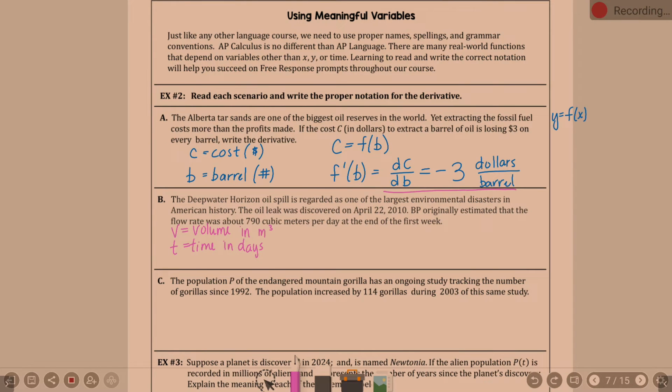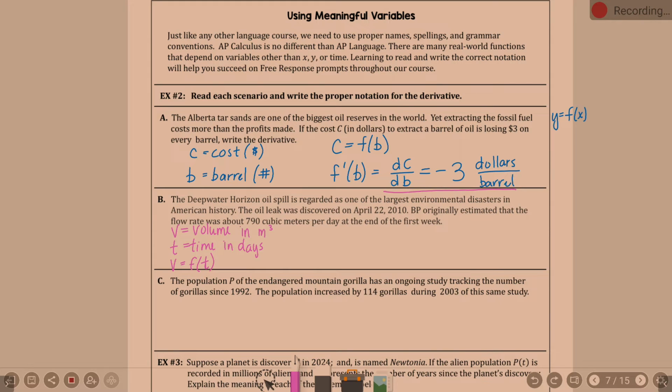Earlier it was C equals F of V. This one is V equals F of T, volume measured in terms of time.